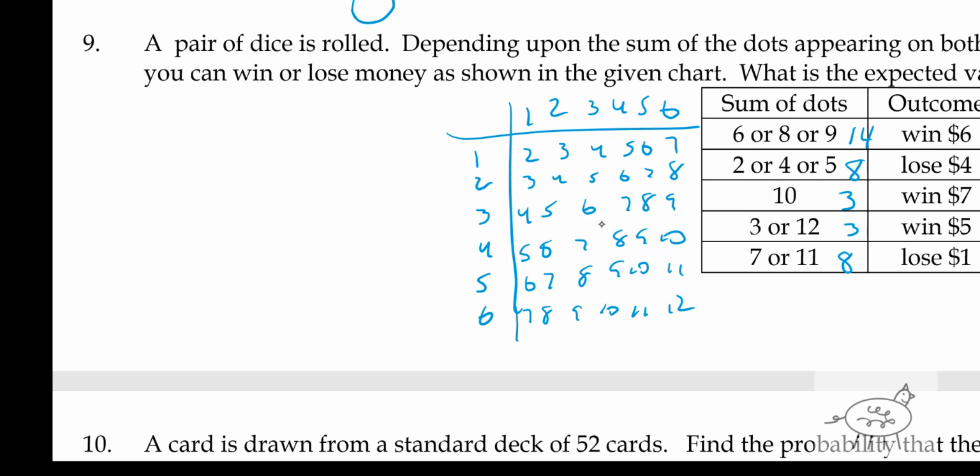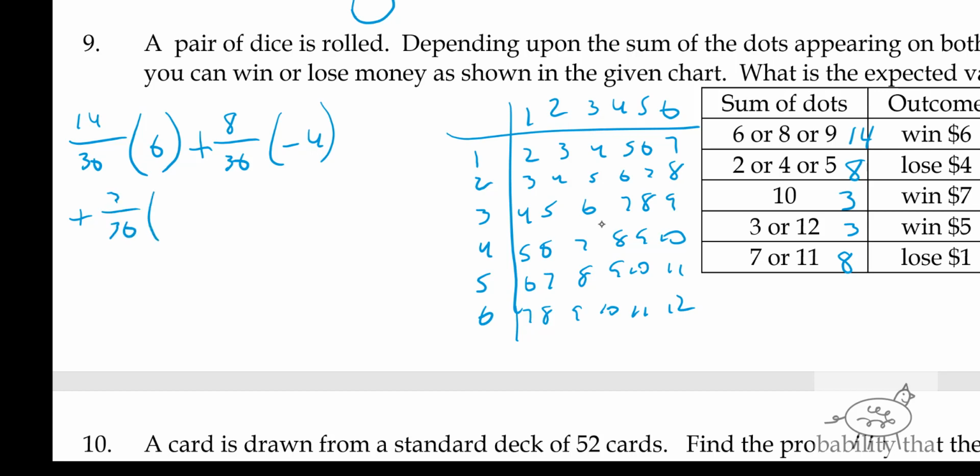Okay, so again, this is pretty easy once you have that, because it's 14 over 36 times 6. You win $6, plus 8 over 36, and you lose $4, plus 3 out of 36, and you win $7, plus 3 out of 36, and you win $5, plus 8 out of 36, and you lose $1.